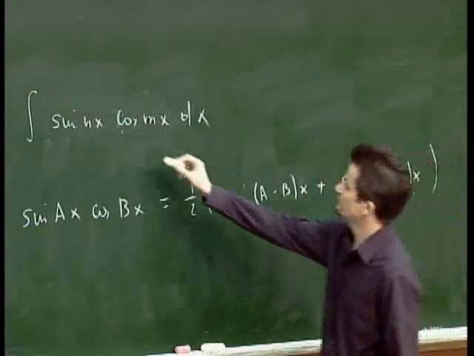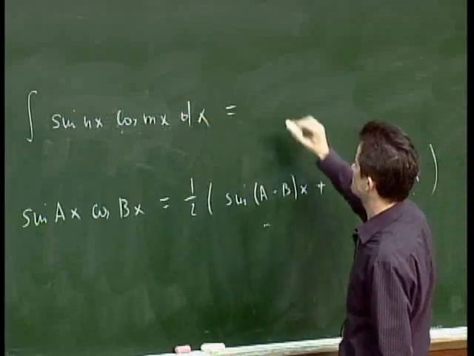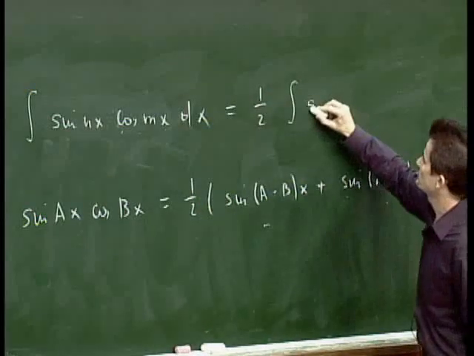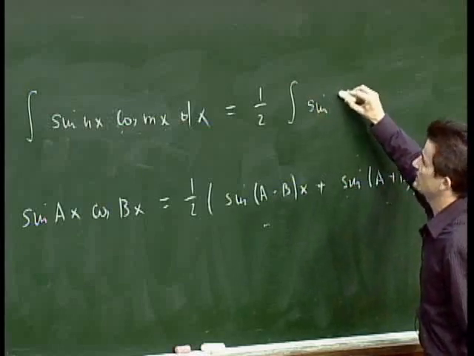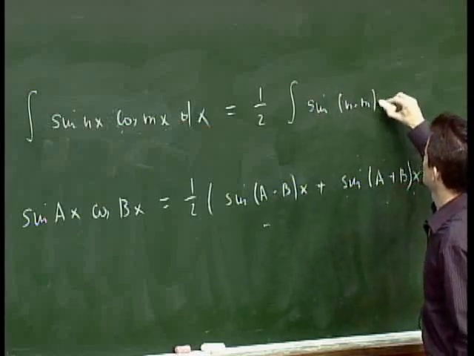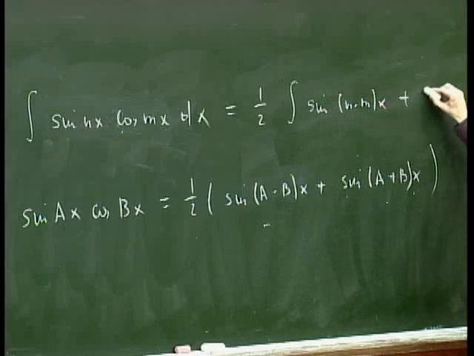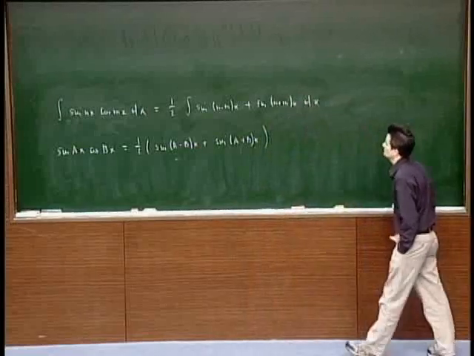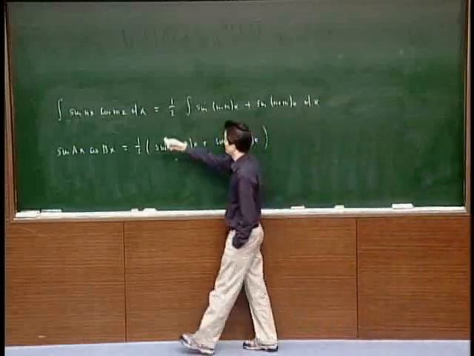So for this integral, what we get is 1/2 times the integral of sine of (n minus m)x plus sine of (n plus m)x dx. Now, a sum is always easier than a product.